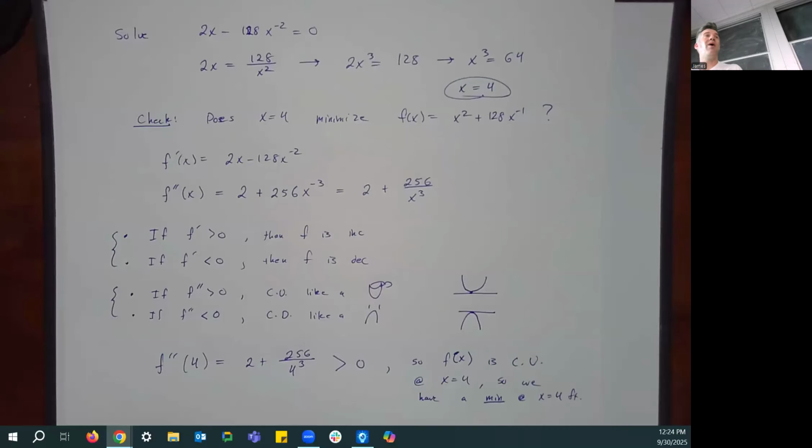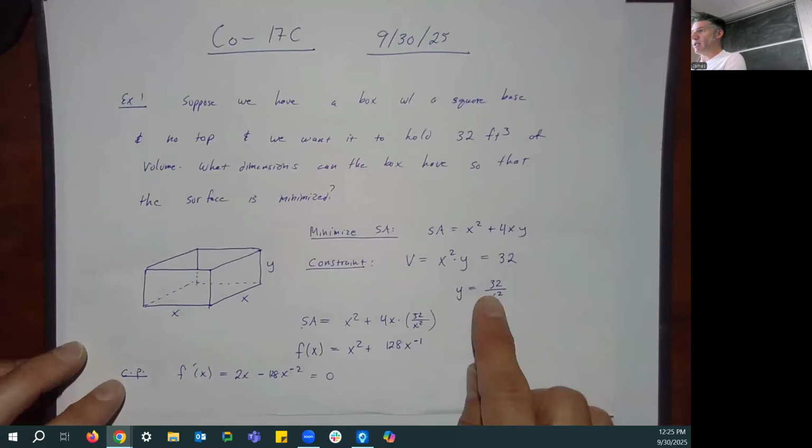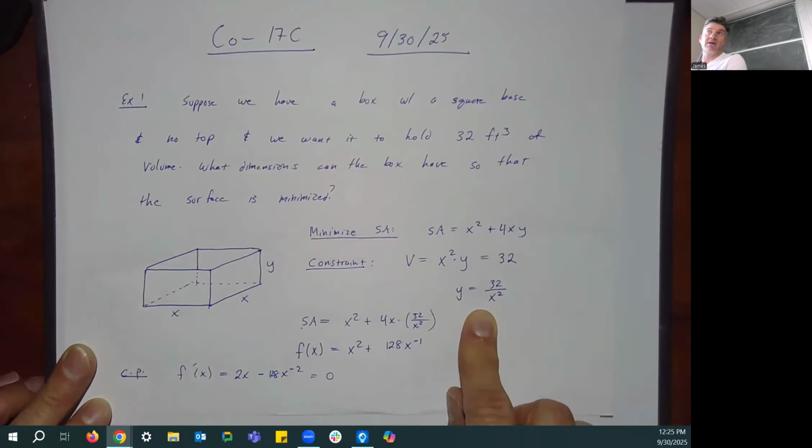For this problem, we're not quite done because I think my question was to find the dimensions. What dimensions can the box have so the surface is minimized? We found the length of x, but we still need to find the length of y. So typically, when you're going back and finding the other variable, you want to go back and look through your work and see where you wrote y equals something. I look back here, I can see right there, I have y equal to 32 divided by x squared.